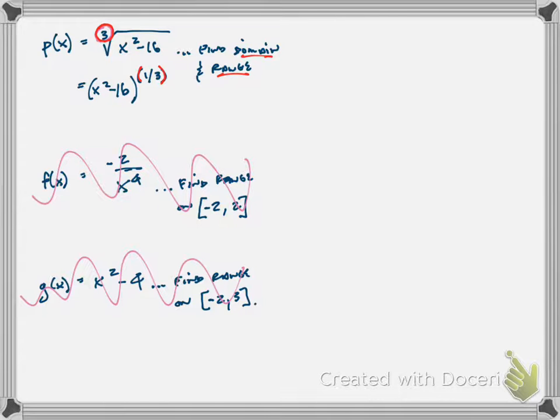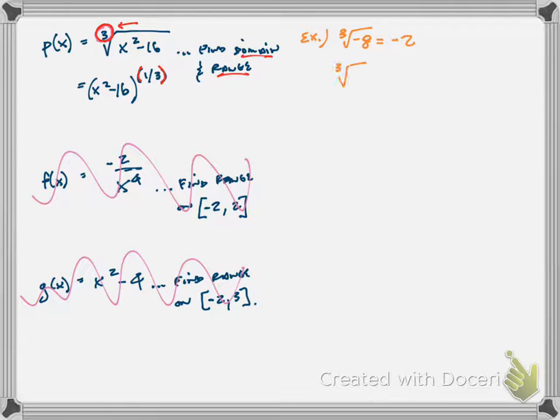Now, the interesting thing about cubed root, we have not looked at a cubed root in the course yet, is that you absolutely can take the cubed root of a negative. For example, the cubed root of -8 is -2.